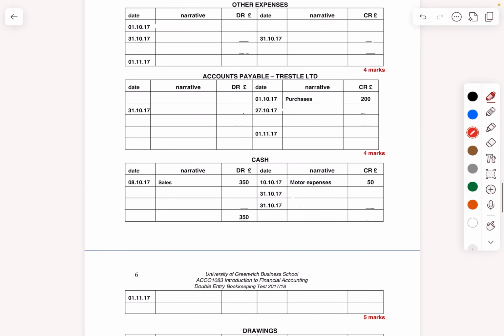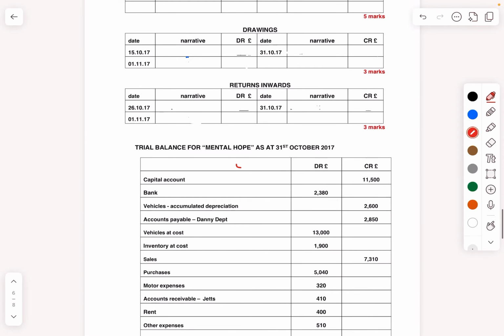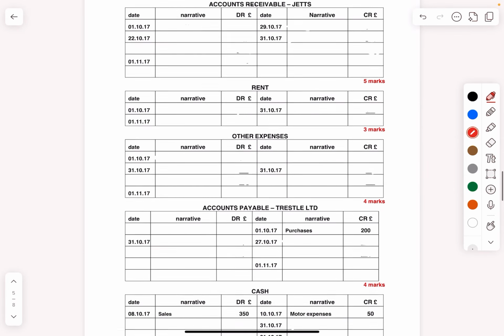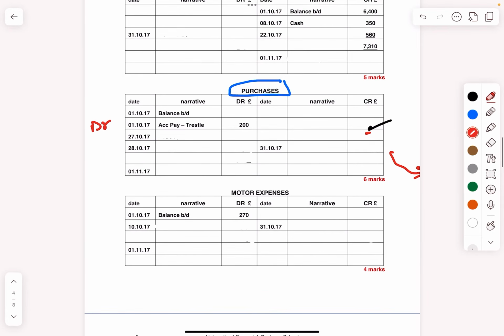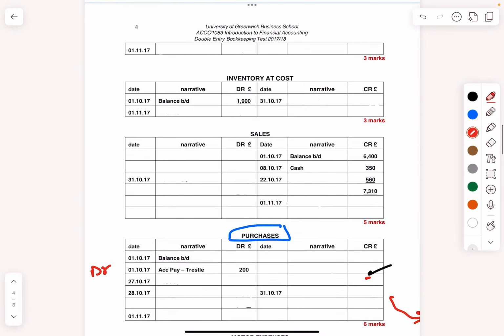And if we go to the motor vehicle expenses account, we will put motor vehicle expenses as debited. Okay, clear?